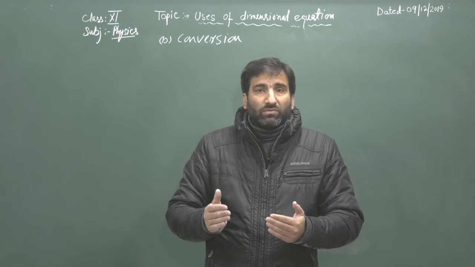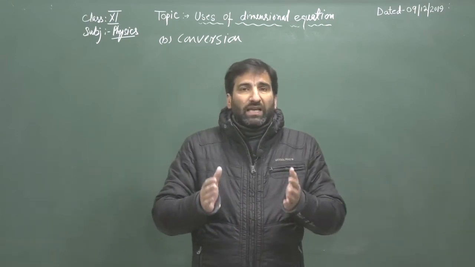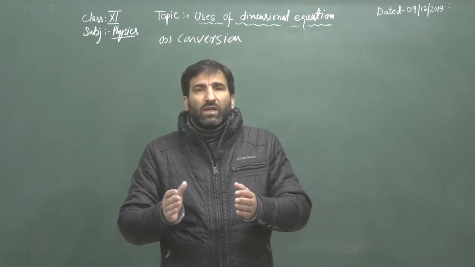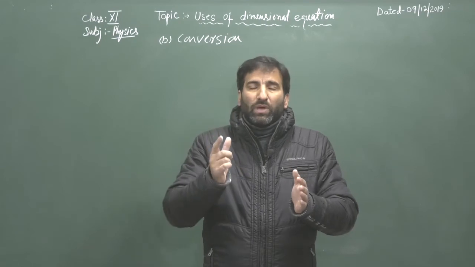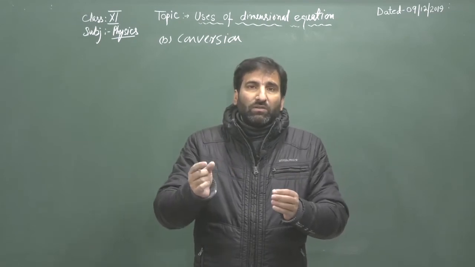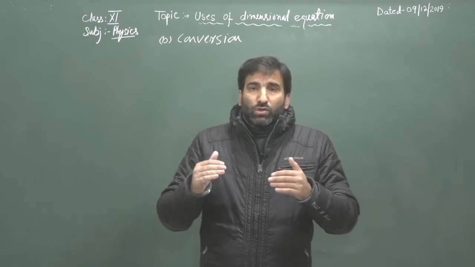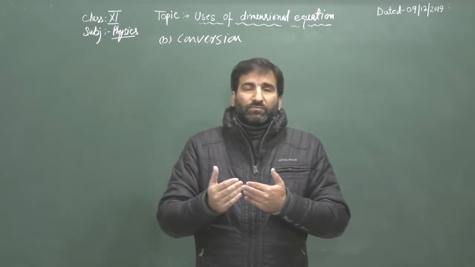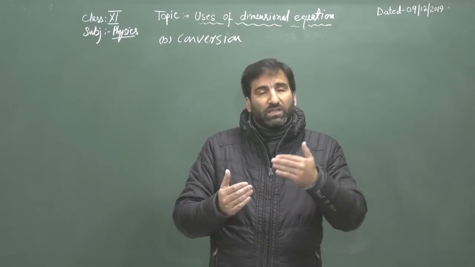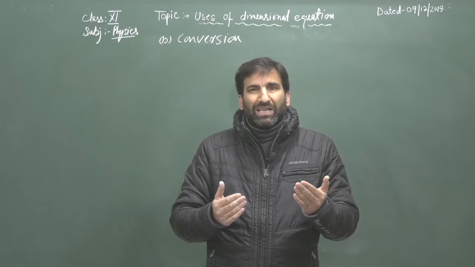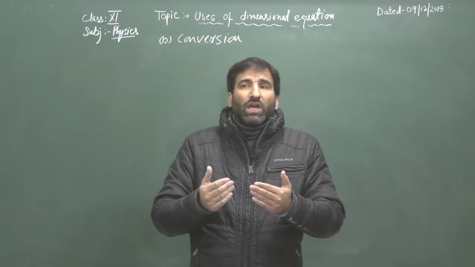We have already gone through this. A physical quantity like x is equal to u into n or n into u. N stands for the numerical value and u stands for its unit. So when we have to convert a physical quantity from one system of units to another system of units, we must change these.